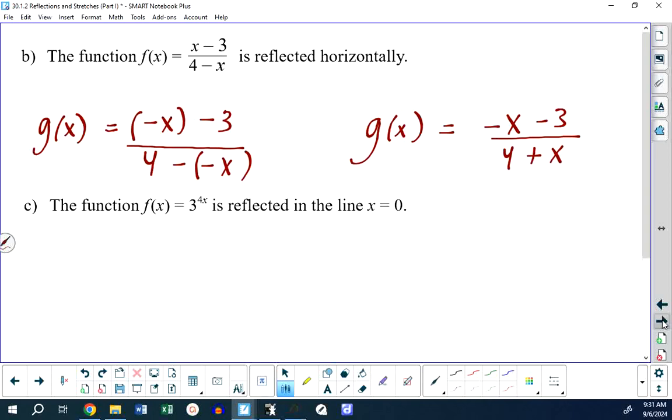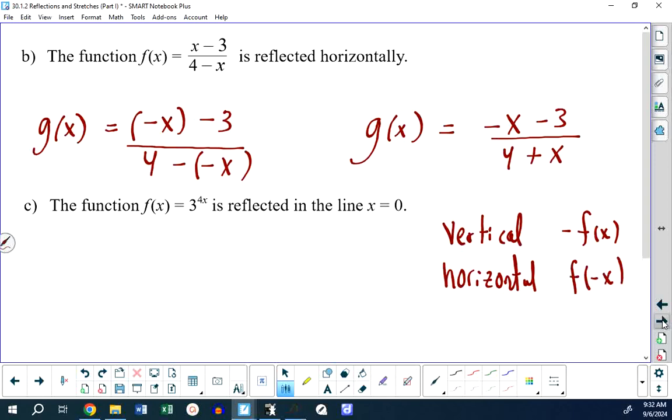I think you should know that negative f of x is the vertical reflection of f of x, and f of negative x is the horizontal reflection of f of x. This is, again, the only thing that I think you need to memorize. But now you have to decide which of these two reflections it is. And you have to think.